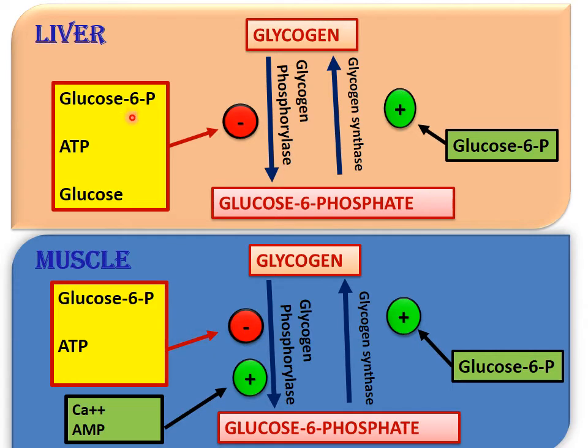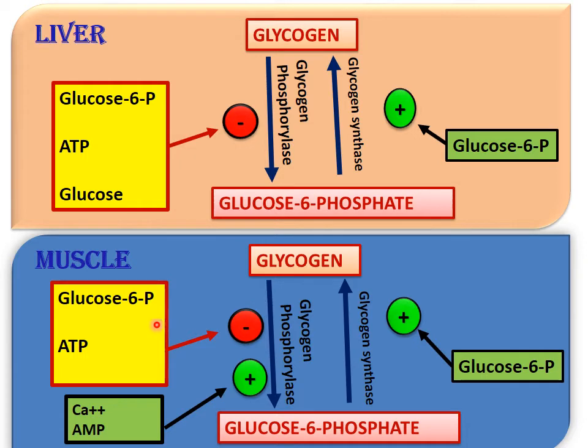In liver, glucose 6-phosphate, ATP and glucose inhibit glycogen phosphorylase enzyme, whereas glucose 6-phosphate stimulates glycogen synthase.